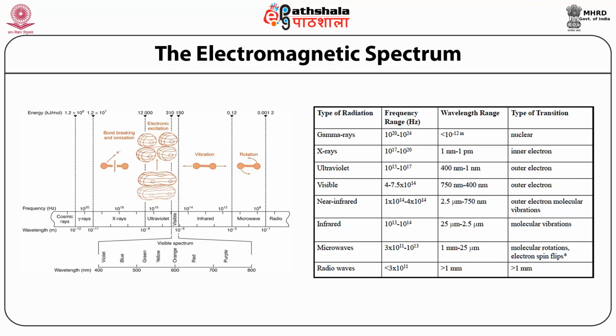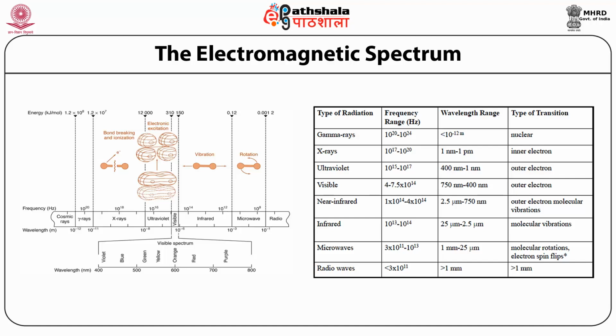The electromagnetic spectrum is arbitrarily divided into various regions, and the familiar visible portion, in the range of 390 to 750 nanometers, constitutes only a small section of the full spectrum.